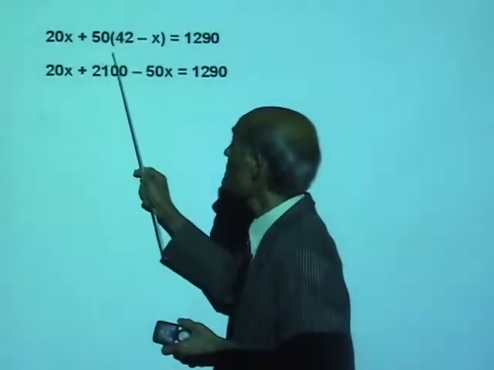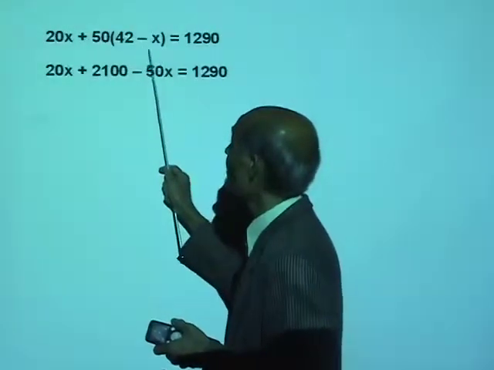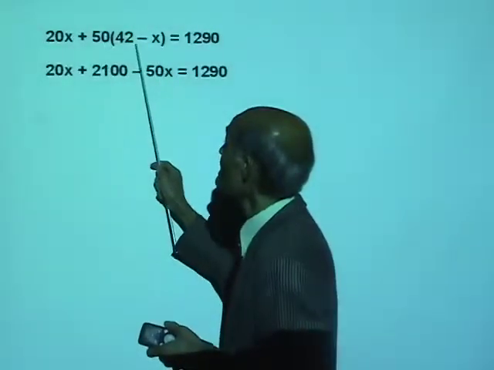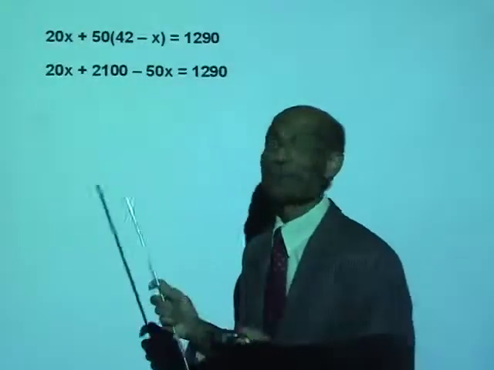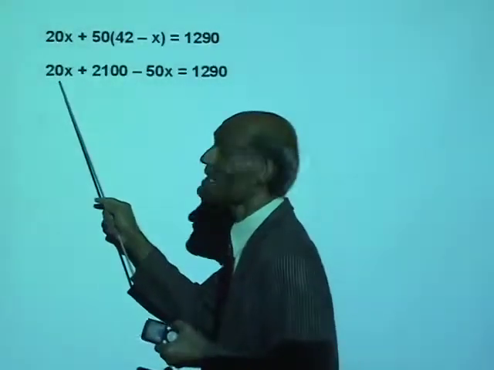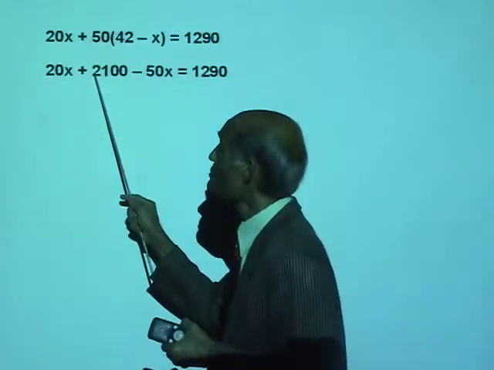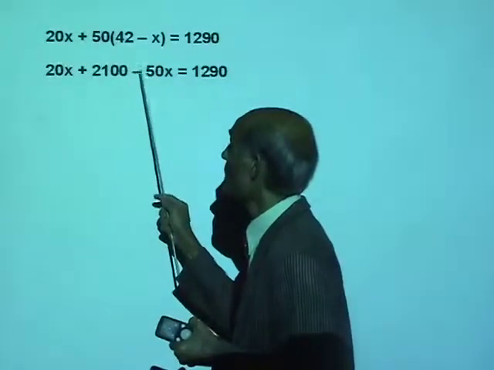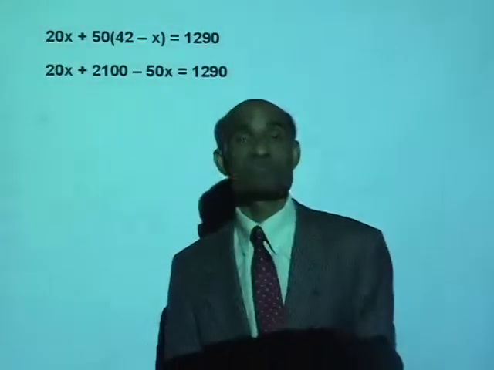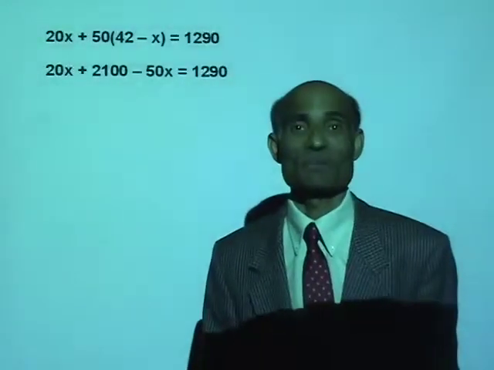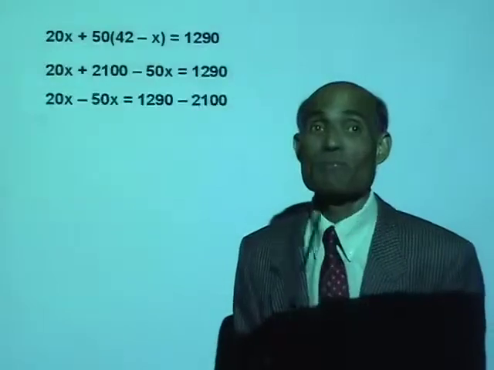And what is 50 times negative x? 50 times negative x is minus 50x. So the equation now becomes 20x plus 2,100 minus 50x equal to 1,290.